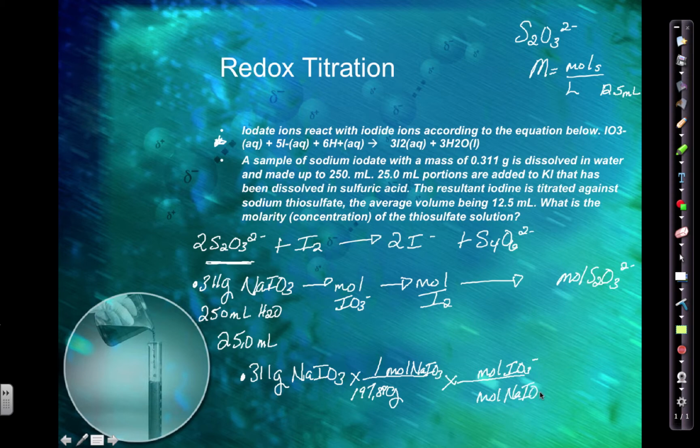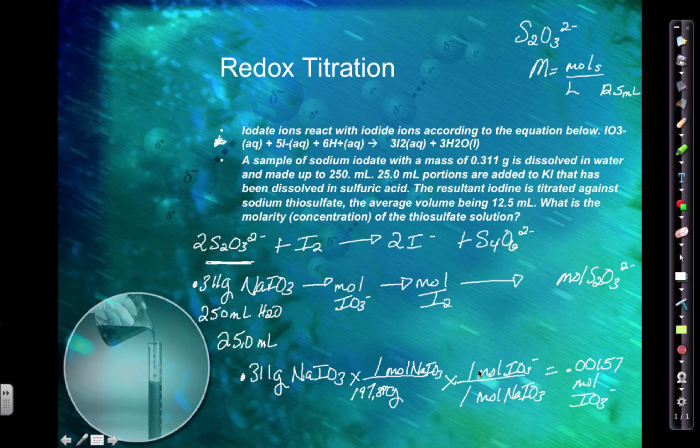And this is because when I dissolve this into water, 1 mole of this will create 1 mole of that. So it's a 1-to-1 ratio. All right, so when I do this, I'm going to get 0.00157 moles of iodate.